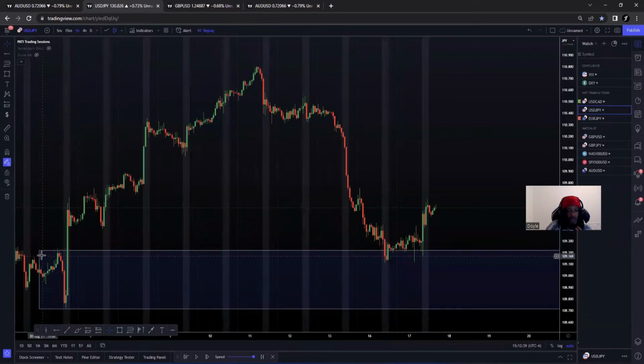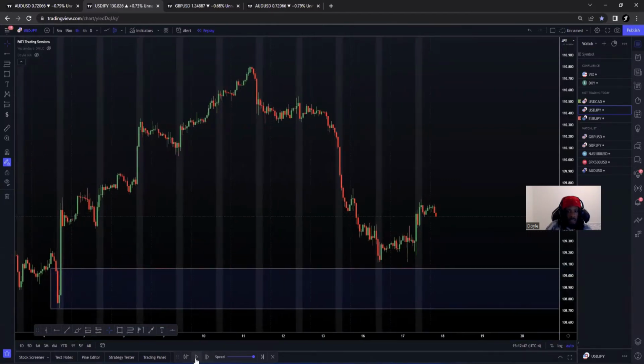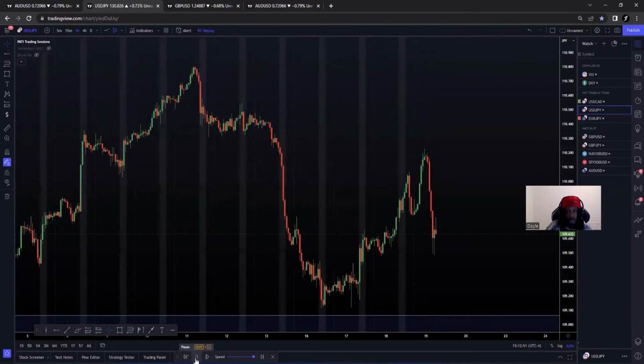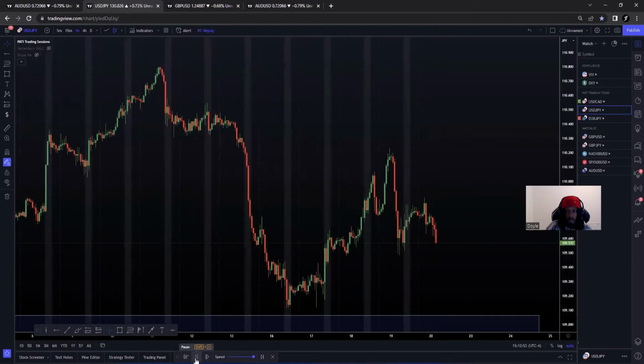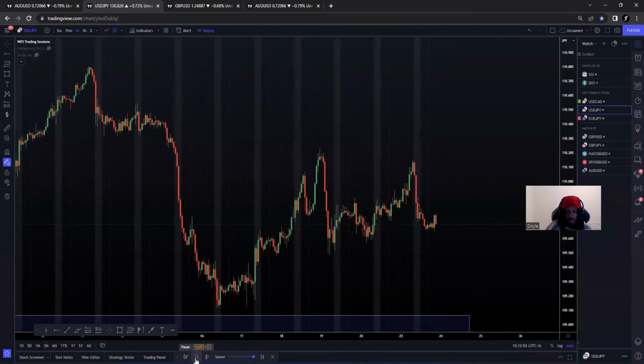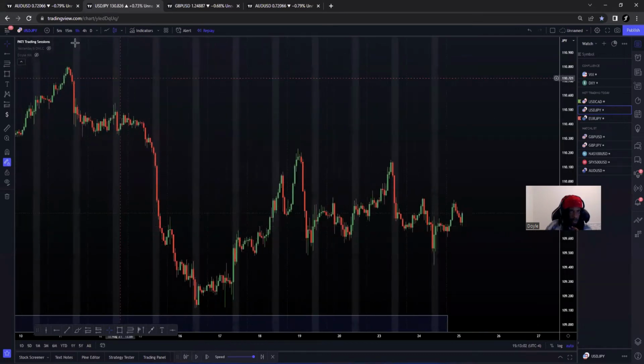If I make my zone any smaller, it probably won't even hold up, because this is the daily. I don't even think it's going to tap into that. Yeah, it's not. It's just going to keep going.